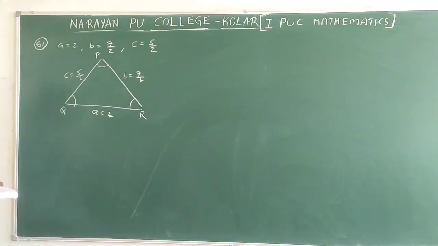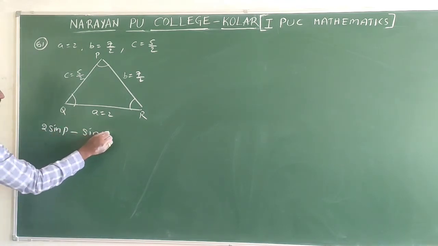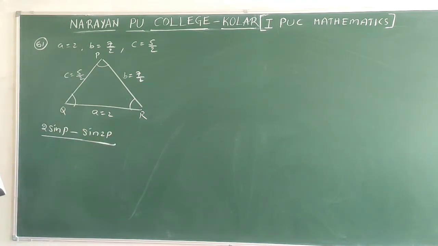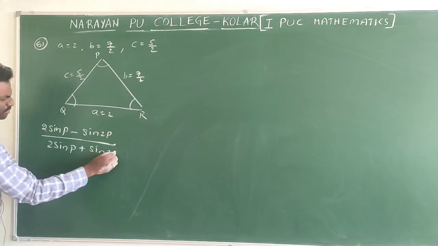Now we need to find the value of (2 sin P minus sin 2P) by (2 sin P plus sin 2P).